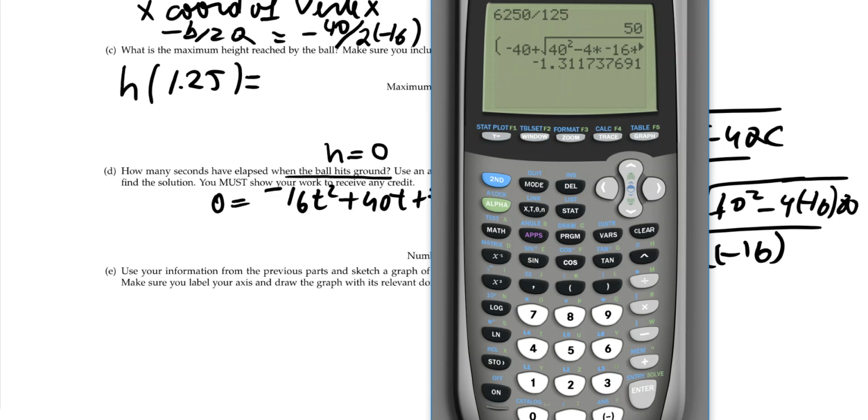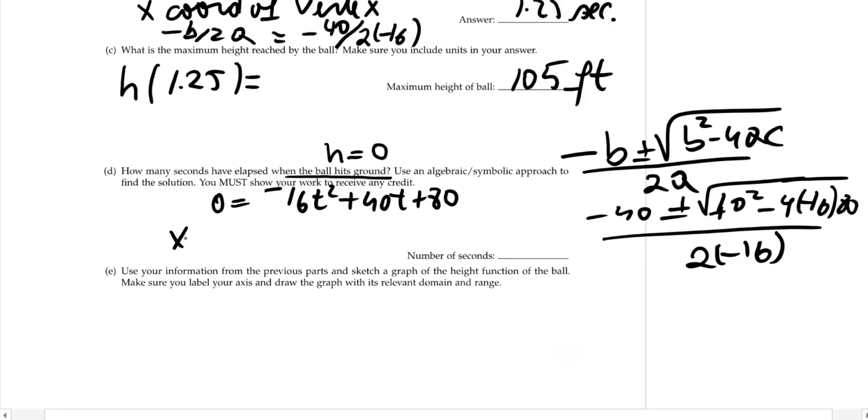Then I type it again, and instead of plus square root, I'm going to choose the minus square root. And that will give me 3.81. So t equals negative 1.31 and t equals 3.81.